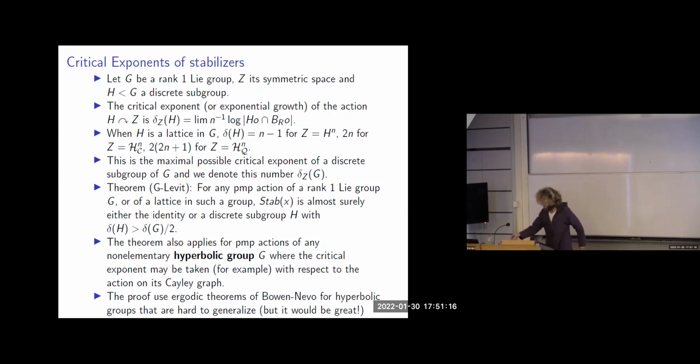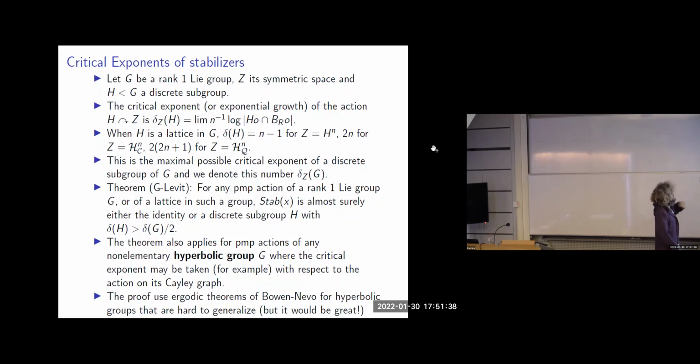Z is its symmetric space, which you can think of as H^2. Which means it's a metric space, and it's a negatively curved manifold.